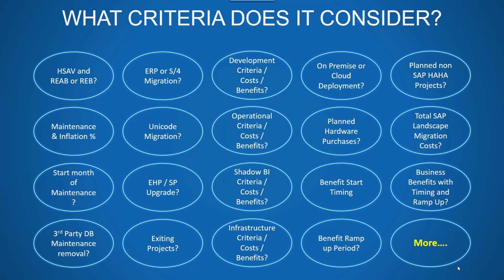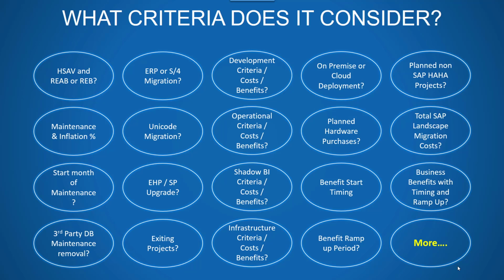So for example, if a customer was planning to buy a whole series of database servers as part of a standard hardware upgrade process, and now they decide to go to HANA, and now they're buying HANA appliances, then surely the budgeted cost of those other database servers needs to be offset against the incoming cost of the new appliances. You know, was the customer planning to do an EHP upgrade or Unicode migration? And if we go to HANA, could we not potentially do that in one step, so then we combine the costs of a HANA migration with potentially a Unicode migration and look at the cost differentials?